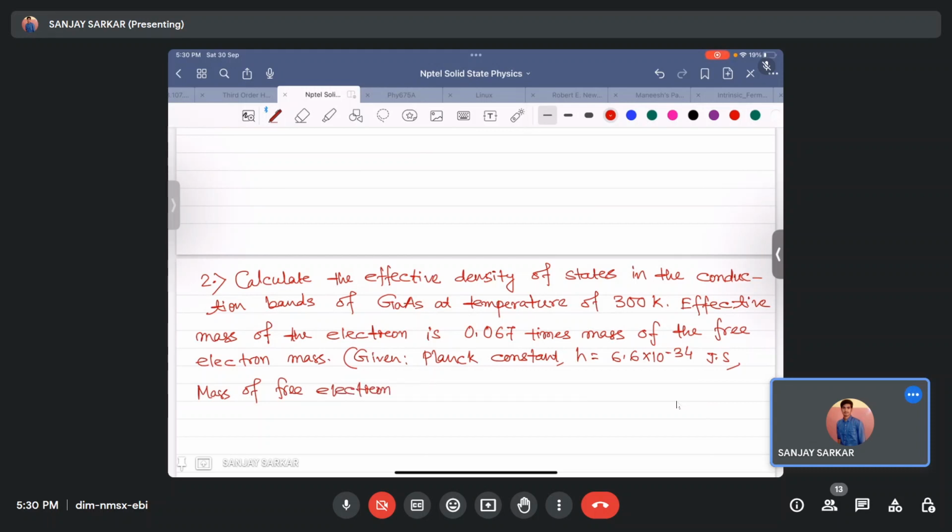Mass of free electron m is given as 9.11 into 10 to the power minus 31 kg, and Boltzmann constant is kB equal to 1.38 into 10 to the power minus 23 joule per Kelvin.